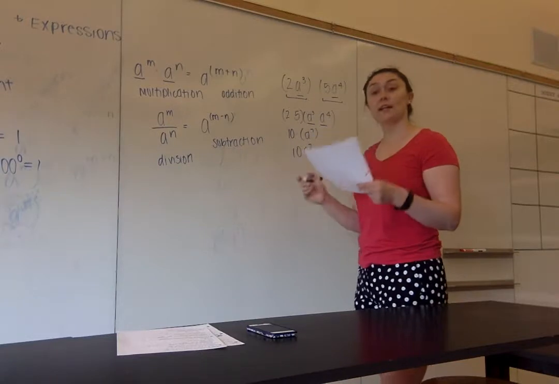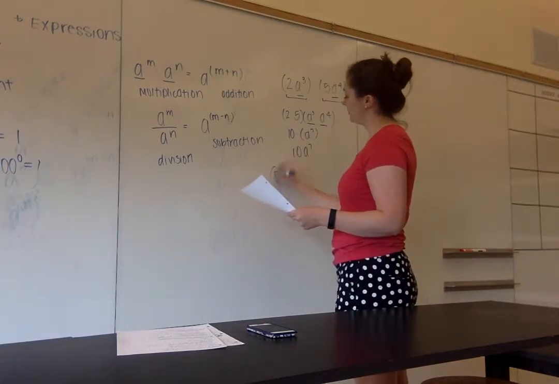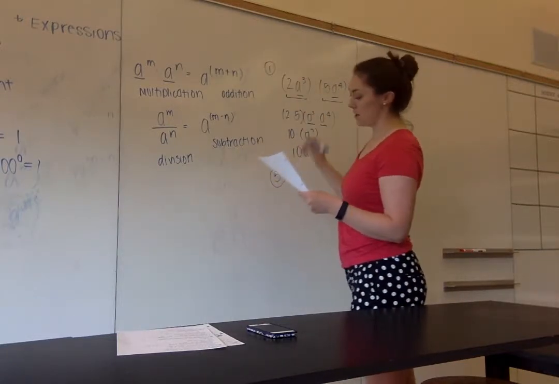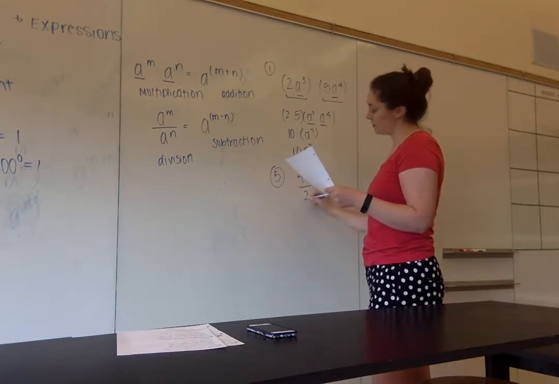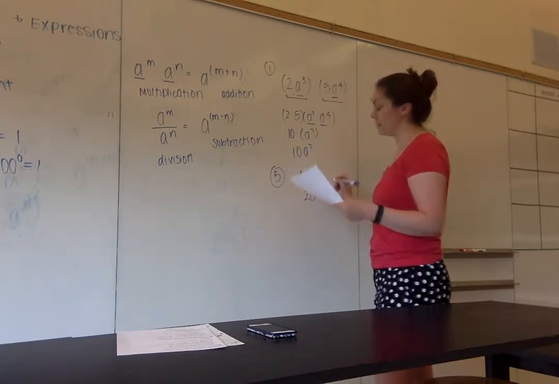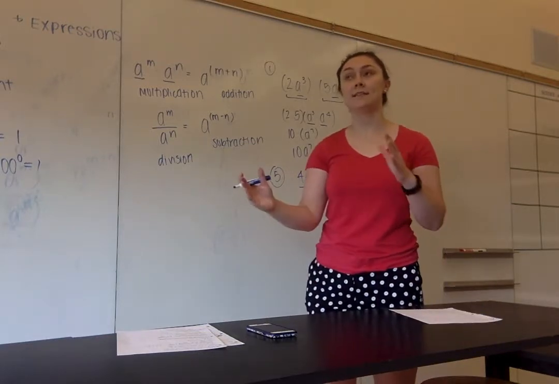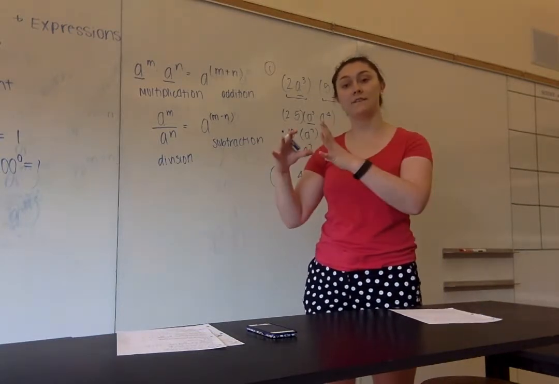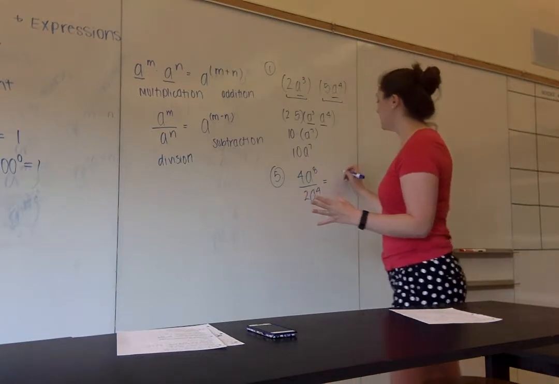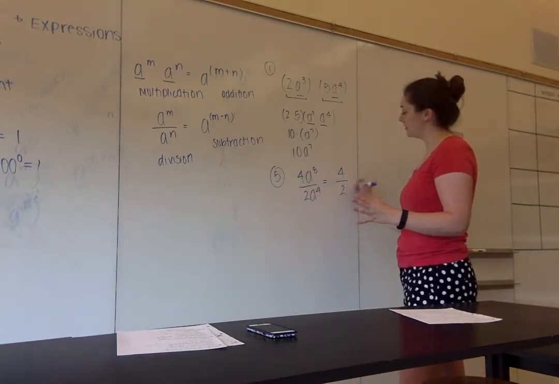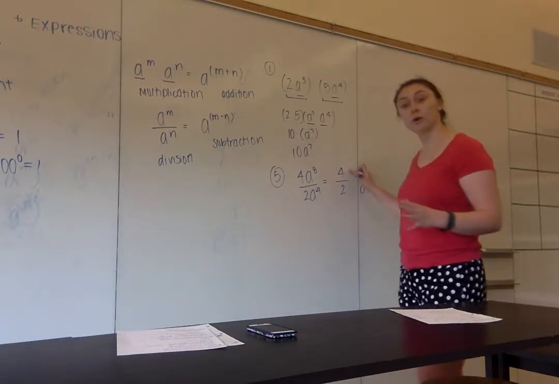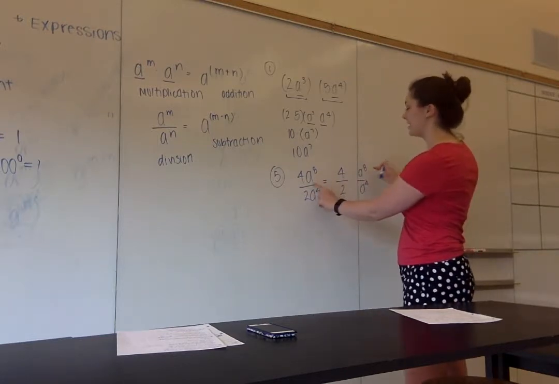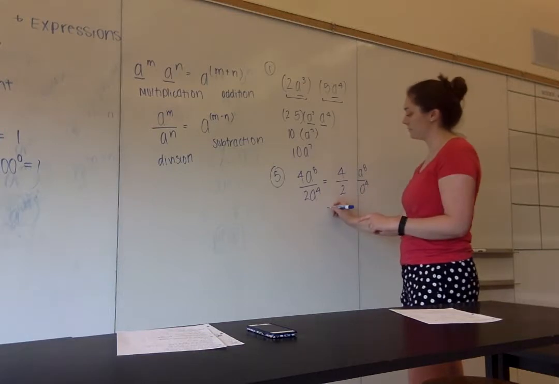Let's look at example 5. We have 4a to the 8th over 2a to the 4th. If it helps you, you can again separate the coefficient and the variable, whatever works for you. So if we bring them separately, we have 4 over 2, and then a to the 8th over a to the 4th.